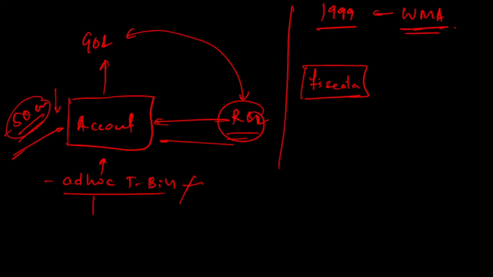When it comes to ad hoc T-bills, Reserve Bank of India would issue ad hoc T-bills to itself, and whatever money it would have, it would give to this particular account to maintain that margin. But as we said, Government of India has very bad habits, it spends more than it earns.